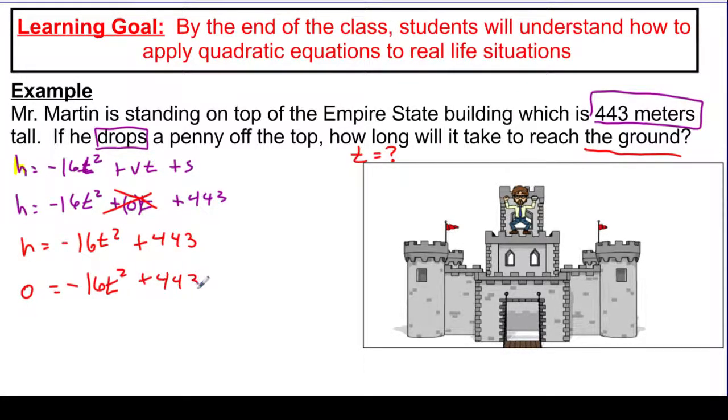If you notice, there is no t value in the middle, which means I can just use the square root method to solve this problem. So I'm going to isolate t squared. I'm going to subtract 443 on both sides. I subtracted the 443. I'm going to divide by negative 16 on both sides. So let's go to our calculator to get some help with 443 divided by 16.